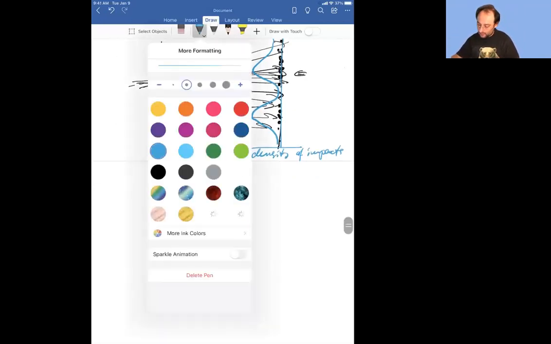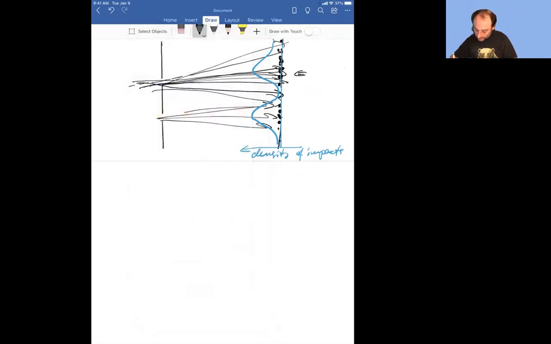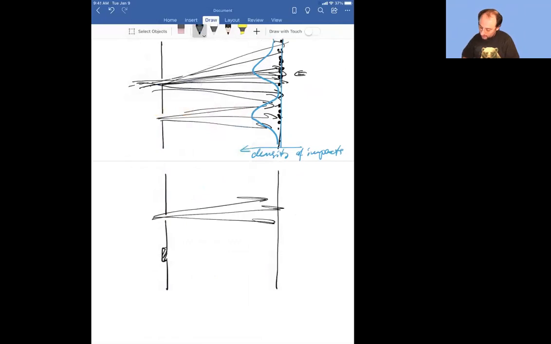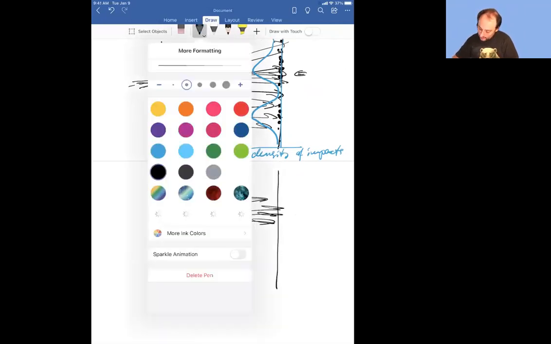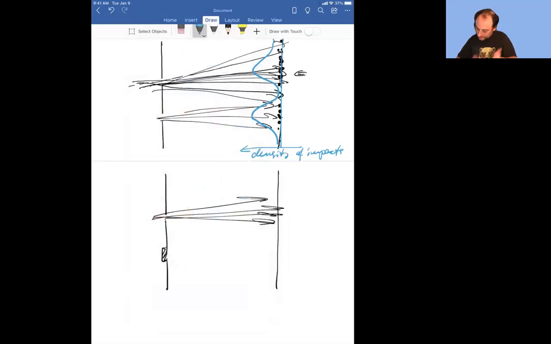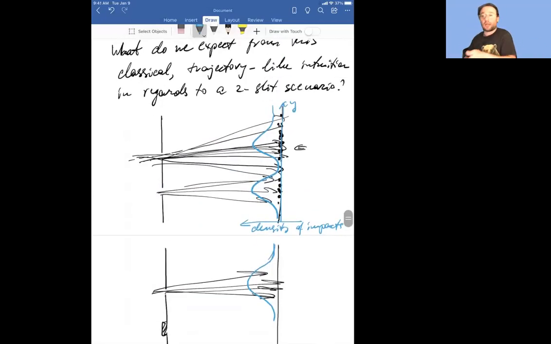Particles would only enter through here, and again, they will accumulate here. The pattern of accumulation, the density of impacts, will be a single bell-shaped curve. No wiggles, no nothing. That's what this trajectory picture predicts.